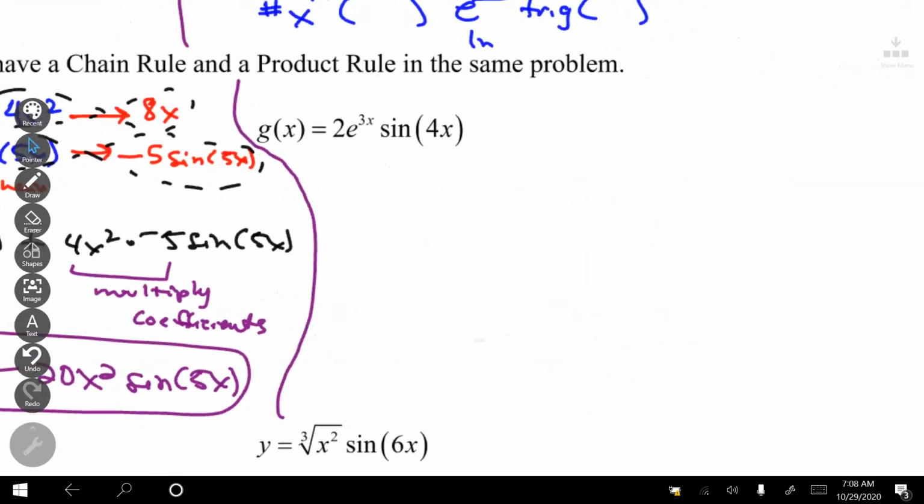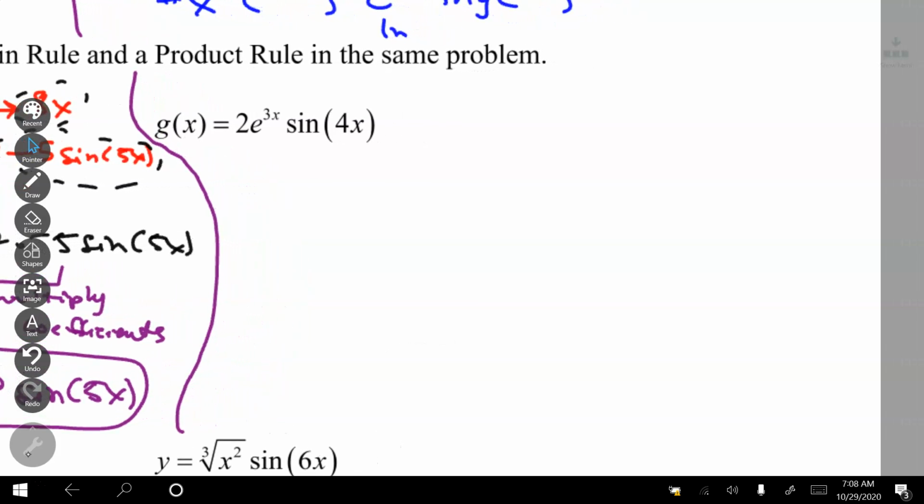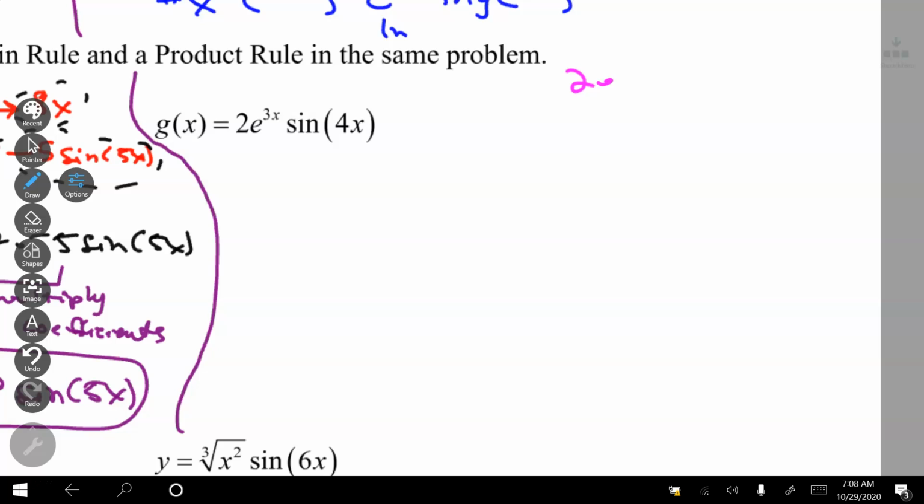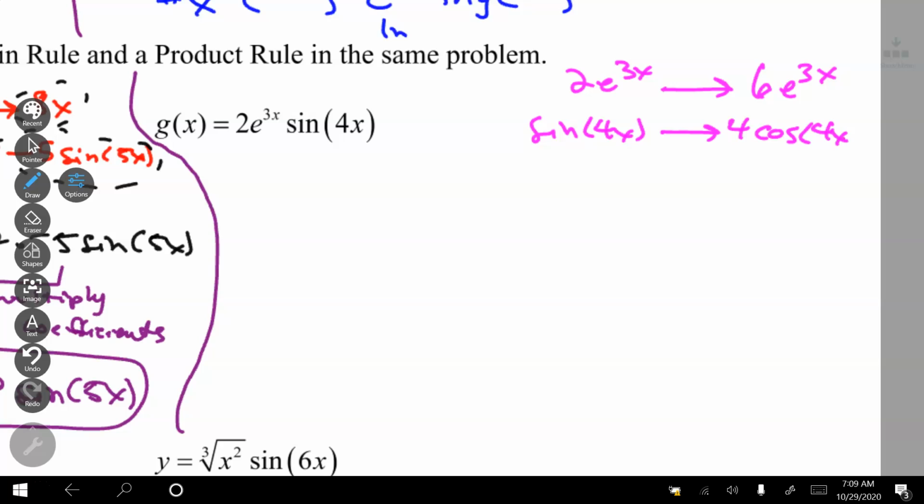Okay, the next example, again, I have this mini chain rule. I'm hoping that when you see some of this stuff, you see 2e to the 3x. Yes, there's a chain rule involved, but you should recognize it's just 6e to the 3x by the mini chain rule that we talked about yesterday. And sine of 4x, just 4 cosine of 4x, on the same mentality. Now when I do my crisscross, I'll do this guy first.